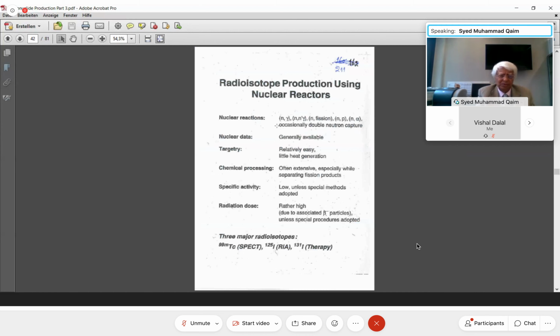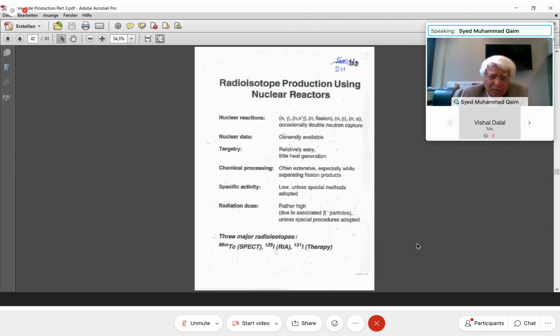N-gamma is most commonly used. And fission is used, the fission process. N-p is used, and N-alpha is used to some extent. Sometimes double neutron capture is used. There's one neutron capture, and then the other neutron is captured. So they are all neutron-induced reactions.